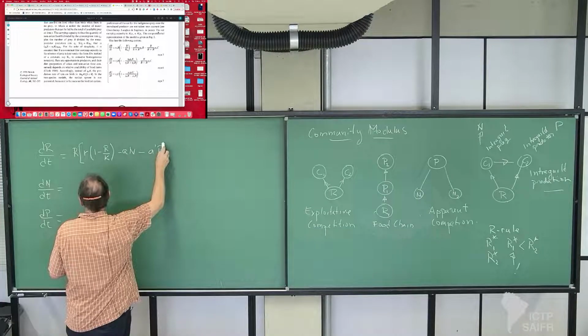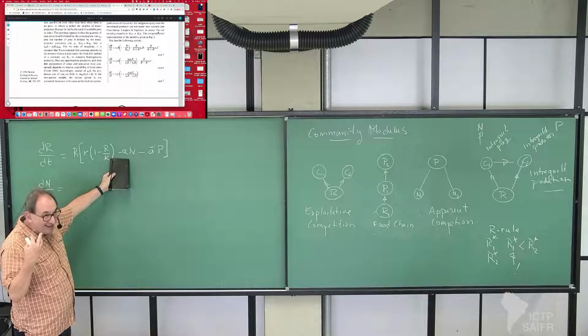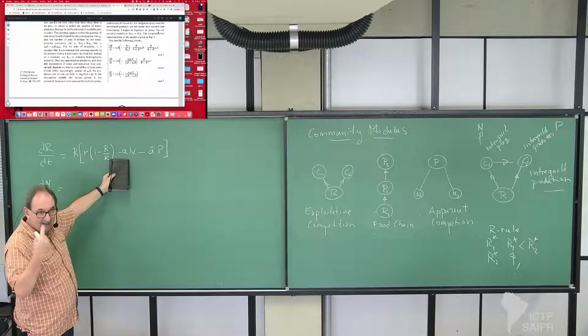Let me put a bar, it's better. So this term is logistic growth, and this is a Lotka-Volterra-like thing, like a Holling type 1 functional and numerical response, and here also.